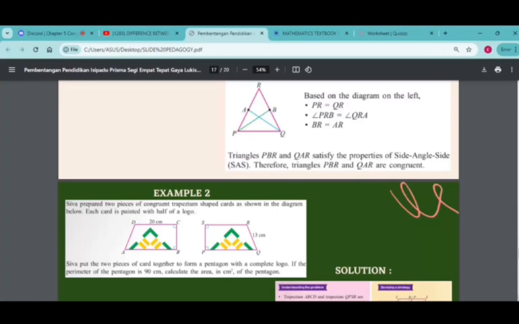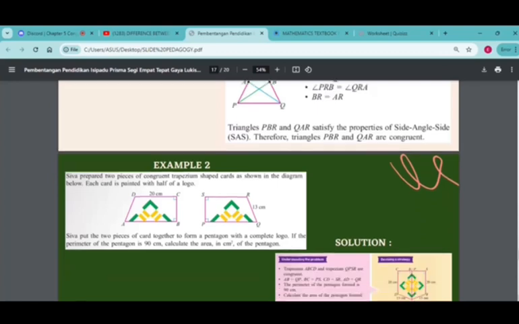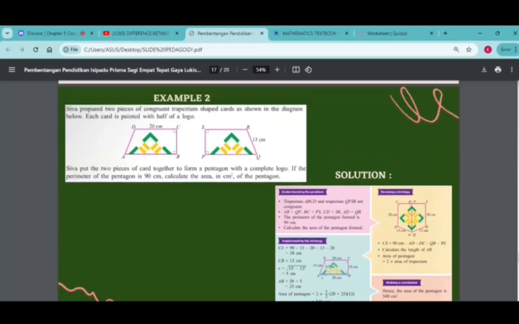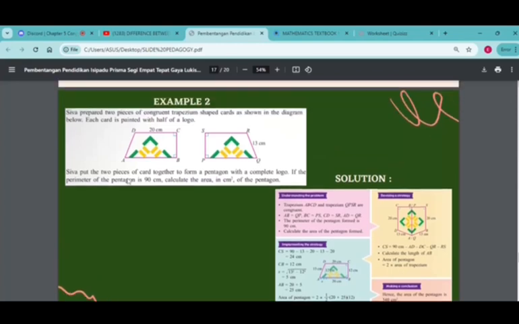For example 2, Siva prepares two pieces of congruent trapezium-shaped cards as shown in the diagram below. Each card is painted with half of a logo. This is the first and this is the second trapezium.